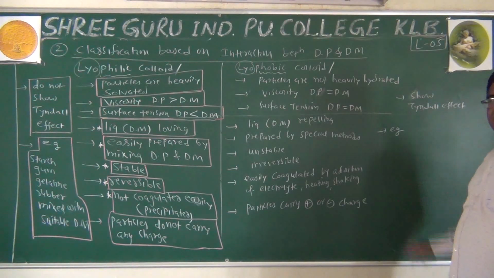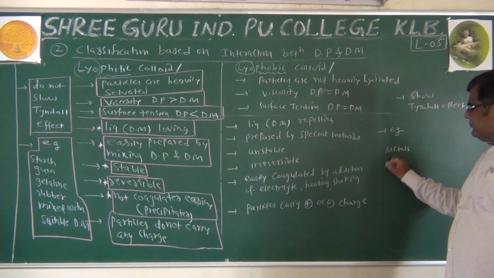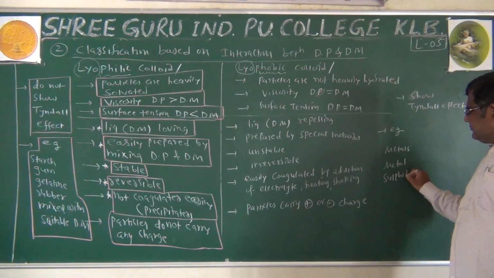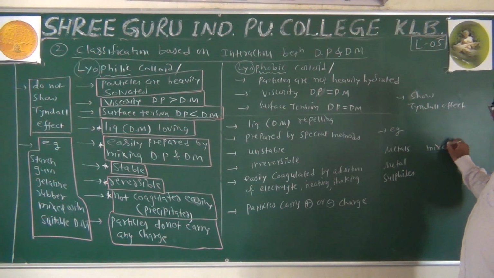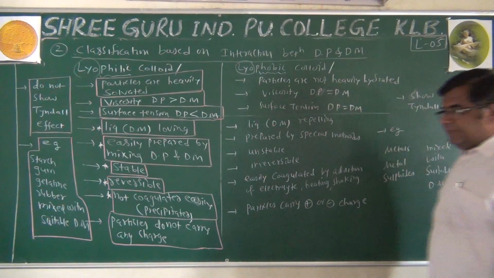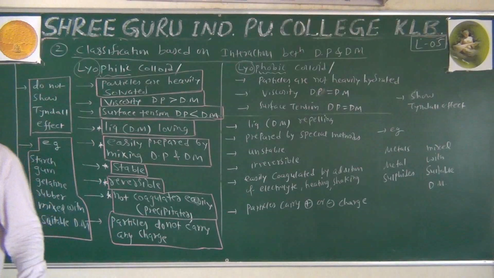An example: metals or metal sulfides mixed with a suitable dispersion medium. So these are the properties of the lyophobic colloid.